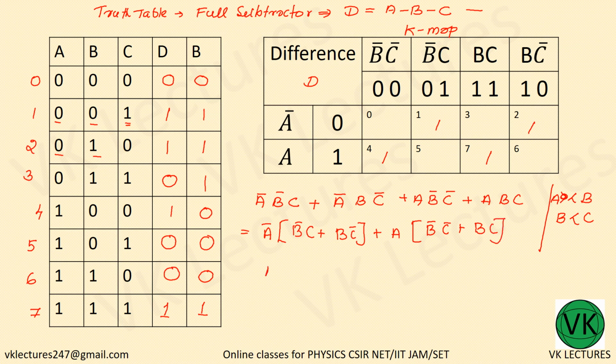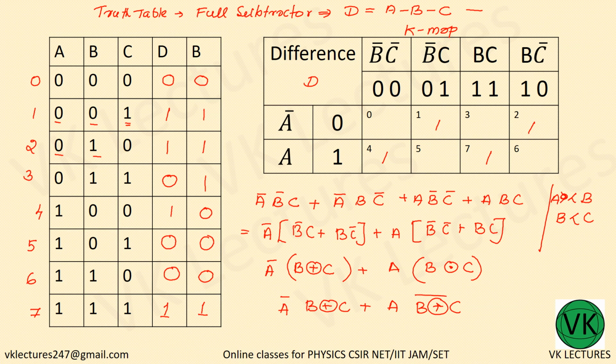This is A bar into B XOR C, plus A into B XNOR C. So we can write it as A bar into B XOR C, plus A into B XOR C whole bar.